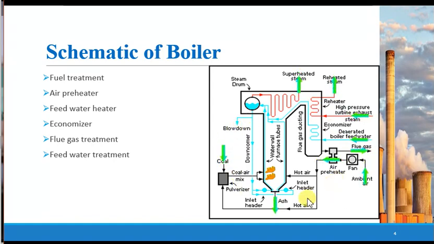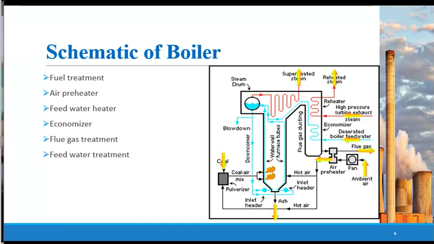You can see in this schematic that different arrows are mentioned here, which show that some things are going inside the boiler while something is going outside of the boiler.